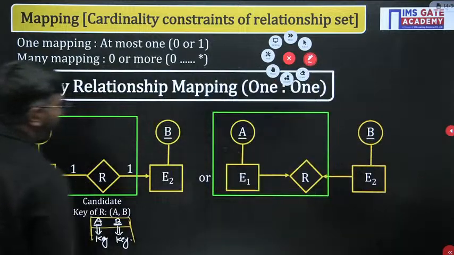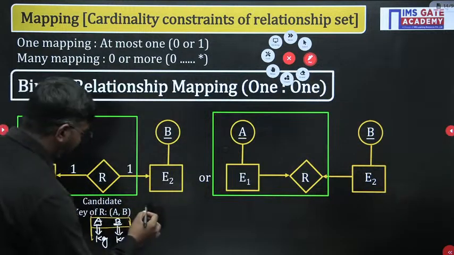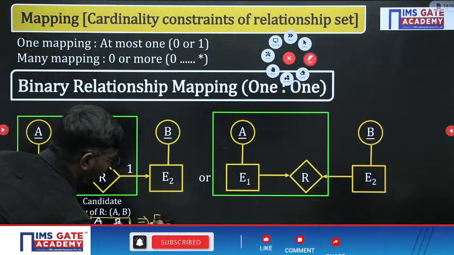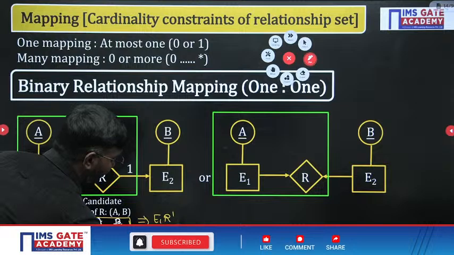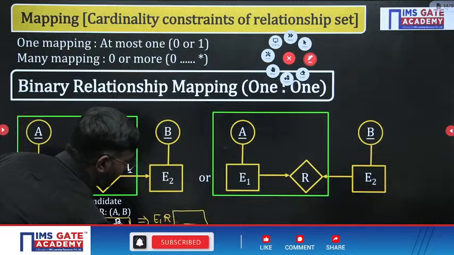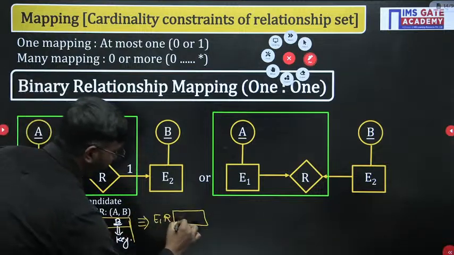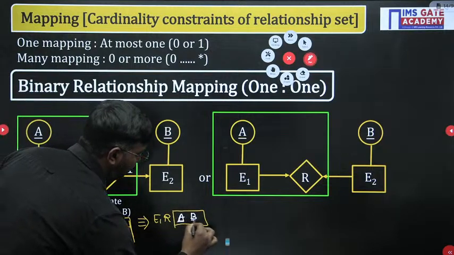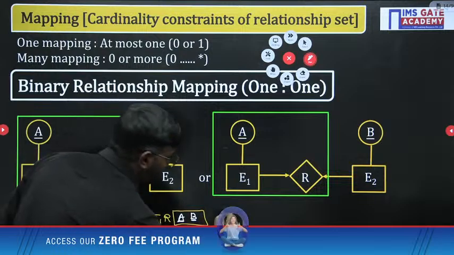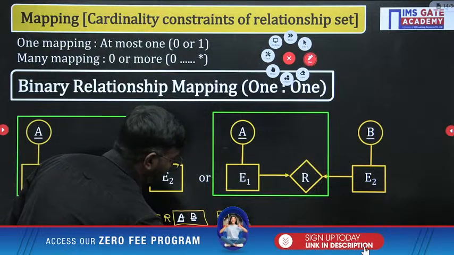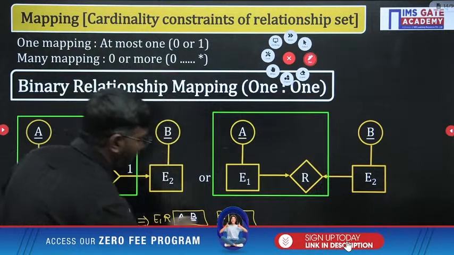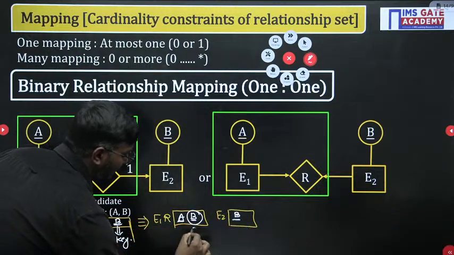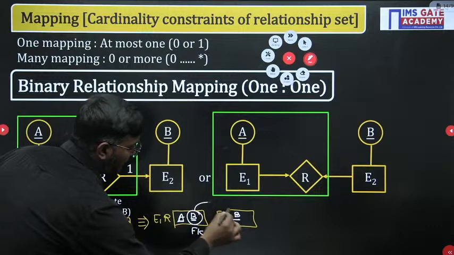Let's design the foreign key also. After merging, this will look like E1R having attributes A and B. Here both are key attributes, and now we will have the E2 entity set having attribute only B. Now this B will behave like a foreign key. It will refer to this B here.